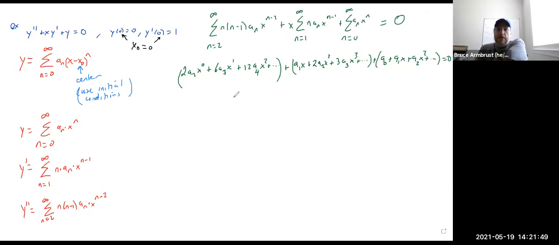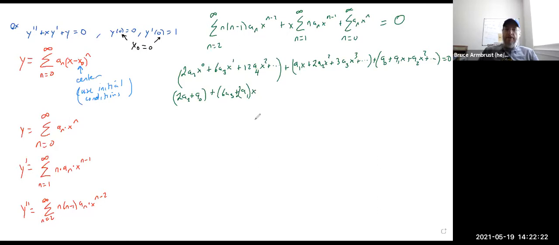All right, so let's just start grouping them by powers of x. If we go for constants first, if you look at the constant terms, the x to the zeros, we get 2 a sub 2 plus a naught. We go to the x's. We have 6 a sub 3 plus a1 plus another a1, so 2 a1.